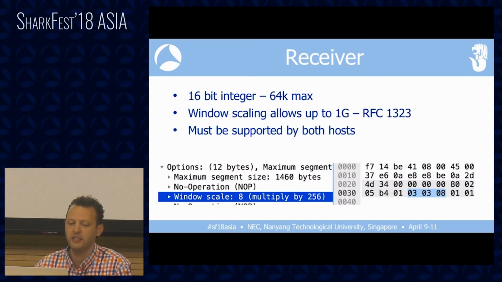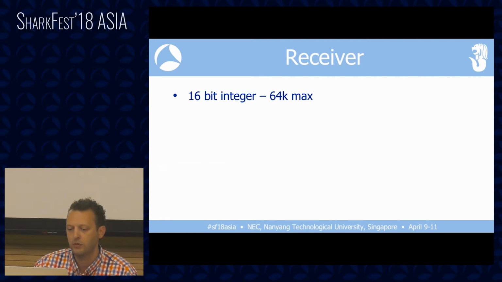In the TCP options, you'll have the window scale, which is just a bit shift, right? We have 16 bits that we can use, and this tells you how many bits to just shift the value over by, which means you're multiplying by a value. So if it's 8, you multiply it by 256.